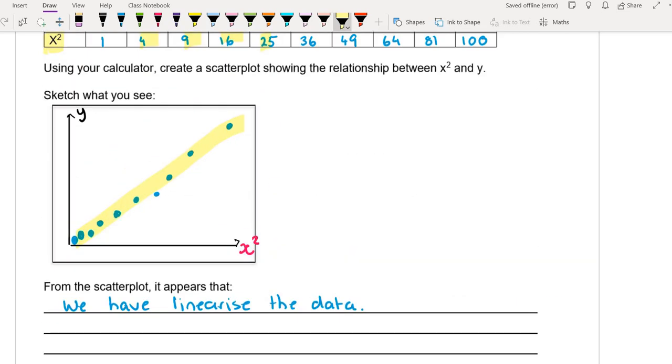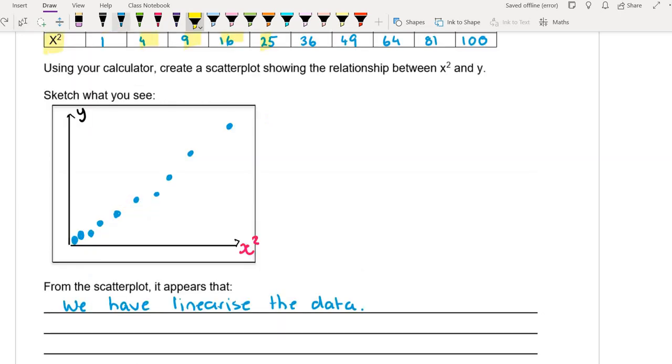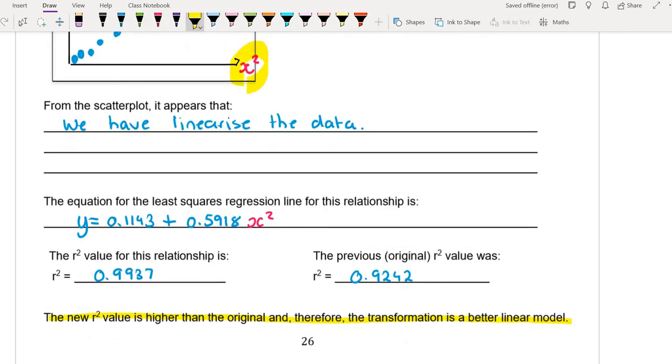Then, using this squared data, we find the equation of this line, which we can do using the CAS. The only thing you need to be super careful of is that now we're not using x anymore, we're using x squared, so we're going to have x squared where our x used to be.